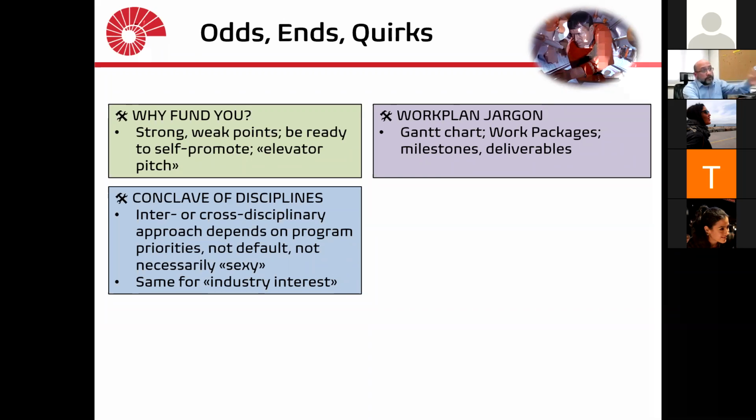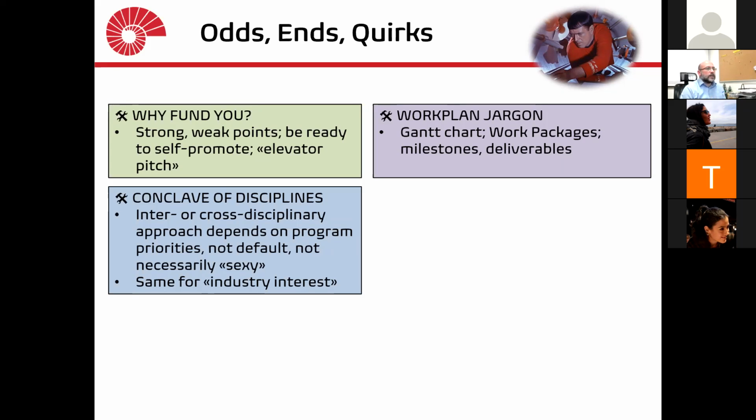Yes, but of course, there might be a call for fellowships, postdoc fellowships, that is actually calling for an interdisciplinary approach. Then yes, go for it. I mean, you have to do that. It is what the donor is expecting. Again, it is the same thing for university-industry collaborations.